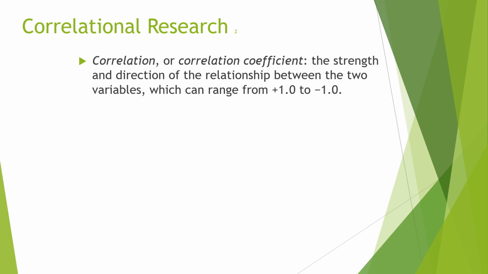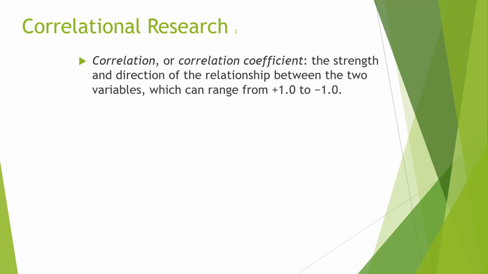Now, the strength of the relationship is how close that number is to 1.0, regardless of the positive or negative, okay? So a correlation of 0.89 is going to be much stronger than a correlation of 0.59 because 0.89 is closer to 1.0 than 0.59 is.